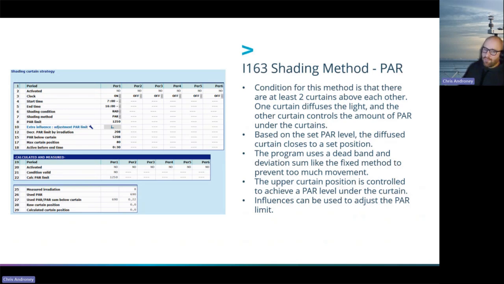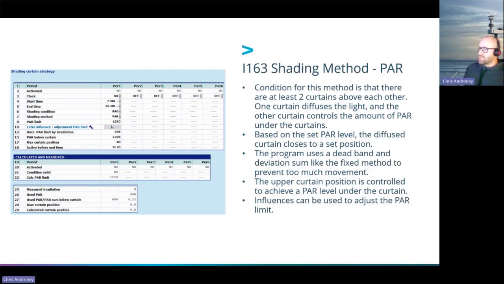And then on the curtain on top, you're going to enter in a PAR level. The diffuse curtain stays shut, and then the upper curtain is going to modulate to maintain how much PAR you're getting down at your crop. So again, you need a diffuse curtain and then a PAR sensor inside. This one as well uses a deadband and a deviation sum to prevent too much movement.